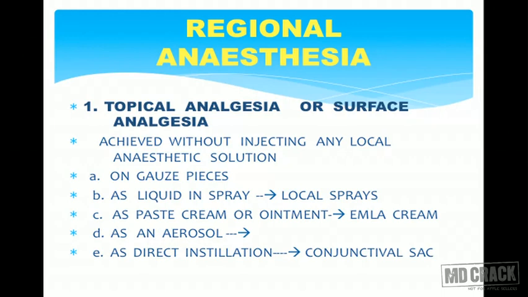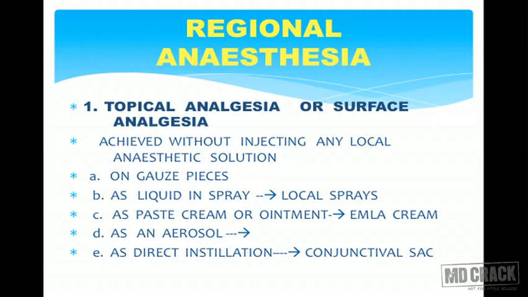For example, first by applying an analgesic or anesthetic solution on a gauze piece, which was used previously to make a patient or any of your colleagues unconscious, or any of your enemies or friends, by applying chloroform solution on a gauze piece and putting that solution on the nose. The patient or that person becomes unconscious. This form of analgesia is called topical analgesia. This is achieved by using an anesthetic solution on a gauze piece, for example chloroform.